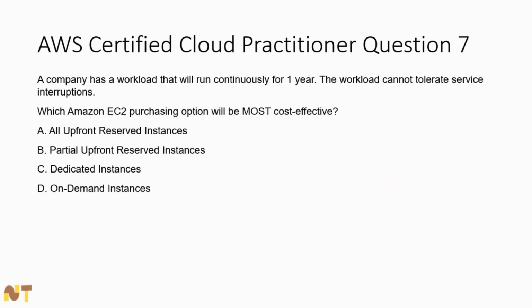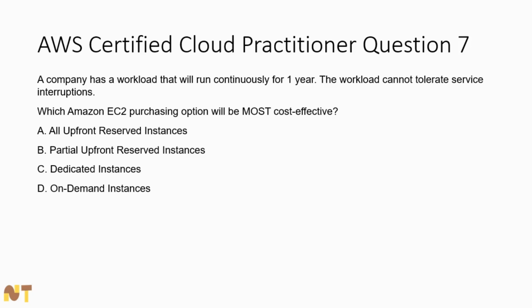A company has a workload that will run continuously for 1 year. The workload cannot tolerate service interruptions. Which Amazon EC2 purchasing option will be most cost effective? Options are A. All upfront reserved instances, B. Partial upfront reserved instances, C. Dedicated instances, and D. On-demand instances.